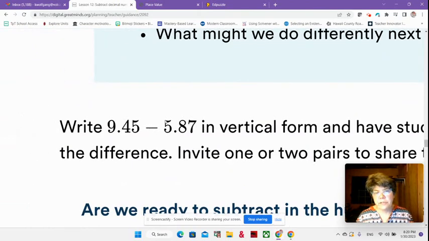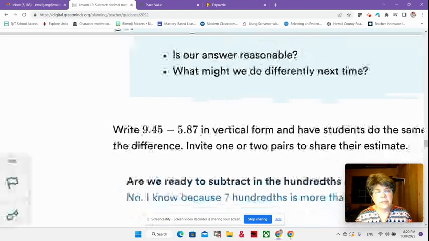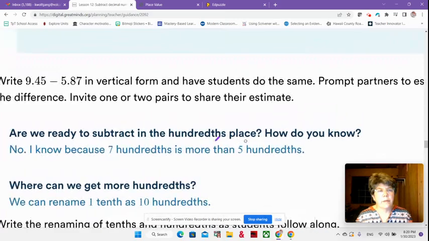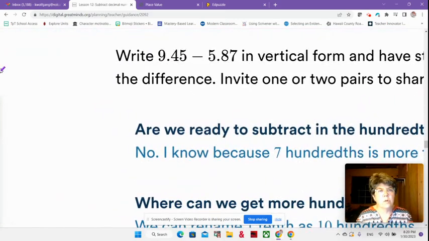9 and 45/100 minus 5 and 87/100. Okay, so let's write that in vertical form. 9 and 45/100.